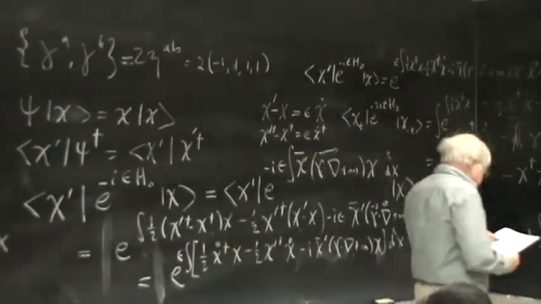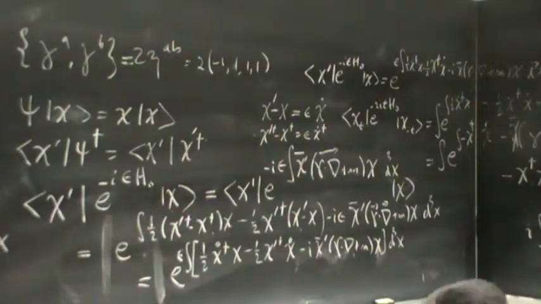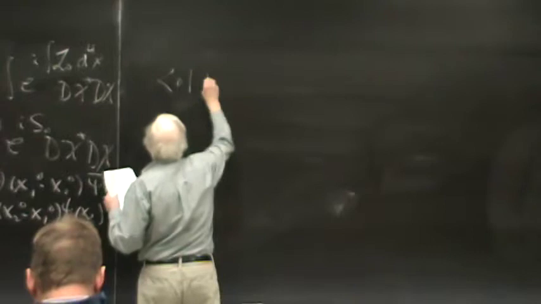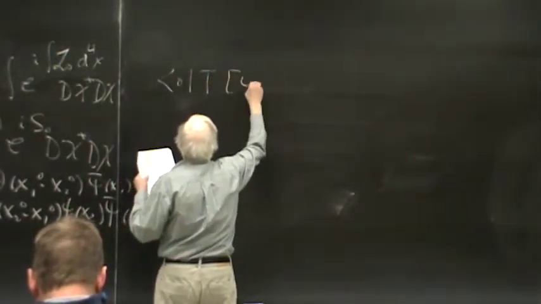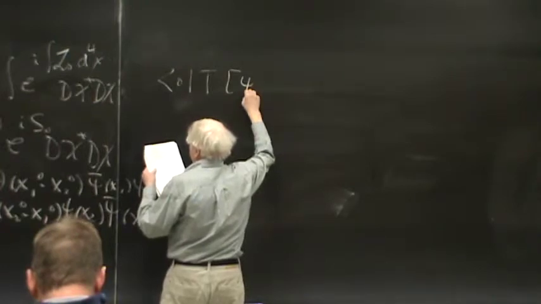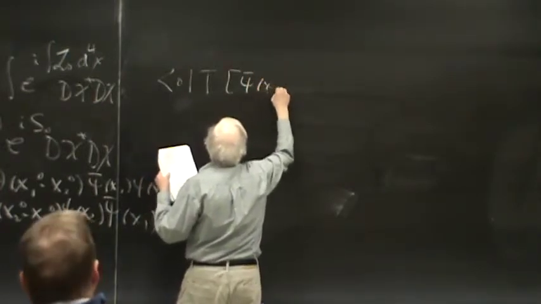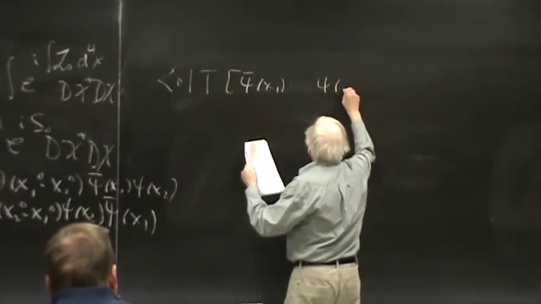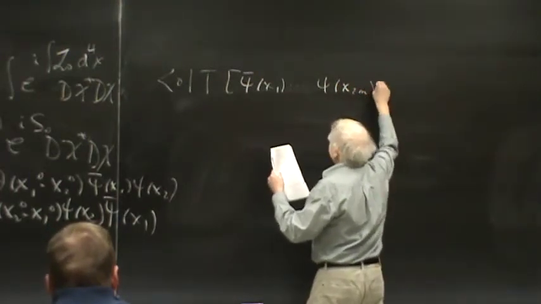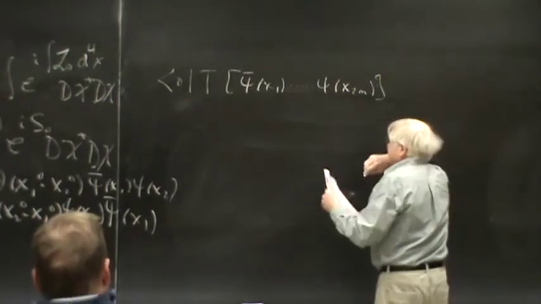And so what this means then is that the time-ordered product of, let us say, psi bar x1 dot dot dot psi of x2n.